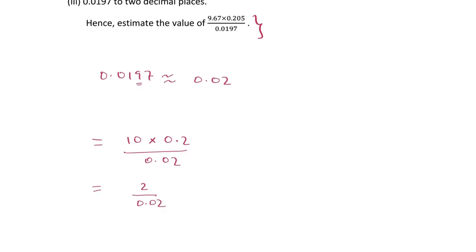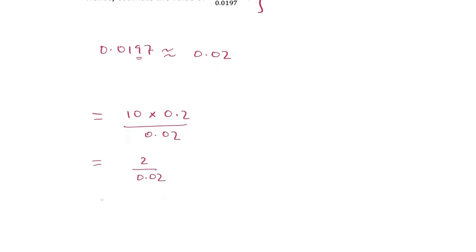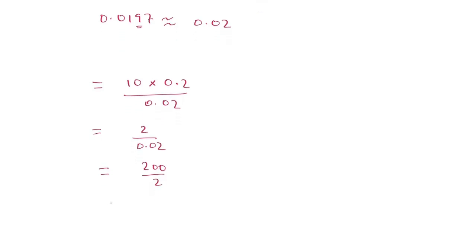Okay, so now let us multiply by 100 both in numerator and denominator. Then we are going to have 200 over 2. Solving this, we are getting 100. And this is going to be the estimated value.